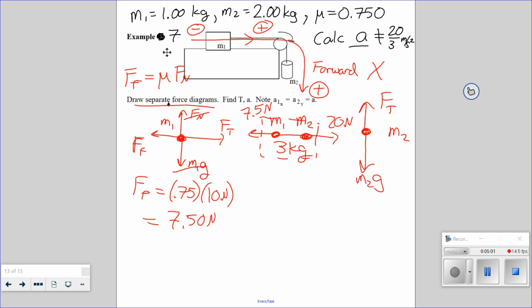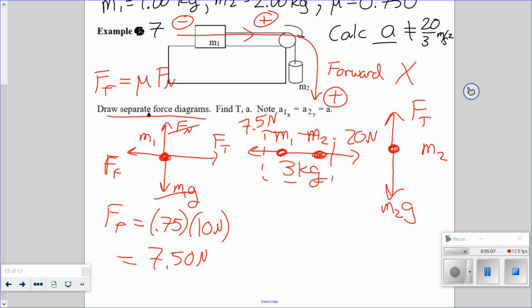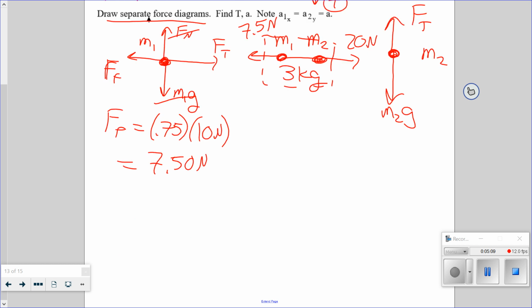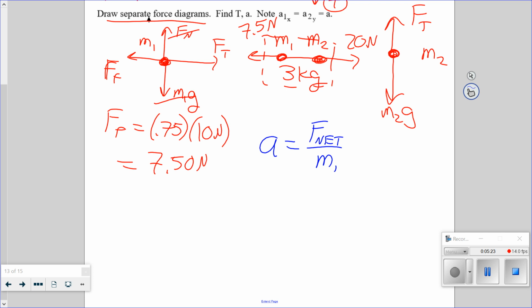But here's the proof I'm going to need on the test to show me that you understand. I need you to actually write the acceleration equals, if you hate that sigma letter, you can write F net over m, and maybe even m total if you have two masses.